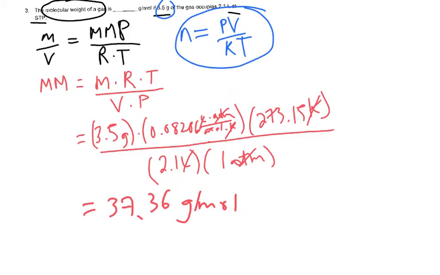So then I thought, well, let me divide this by 2, and if I divide it by 2, then I get 18.7. So it could possibly be fluorine gas, because that can be a gas that would correspond to this molecular weight.